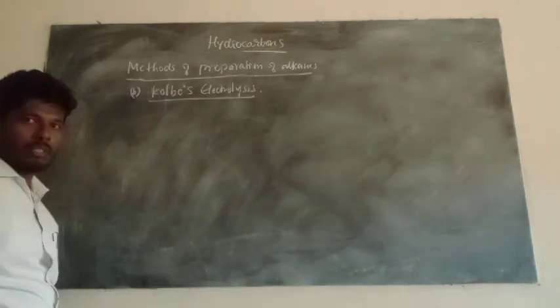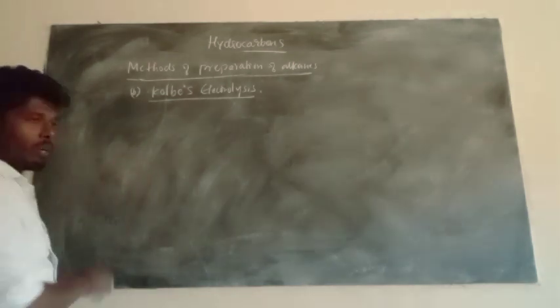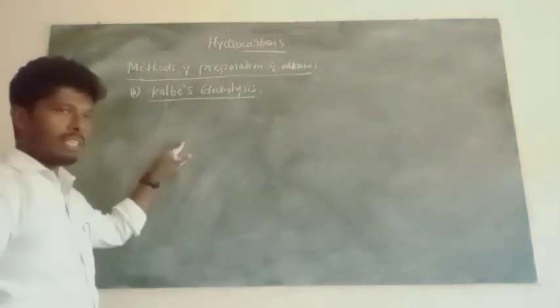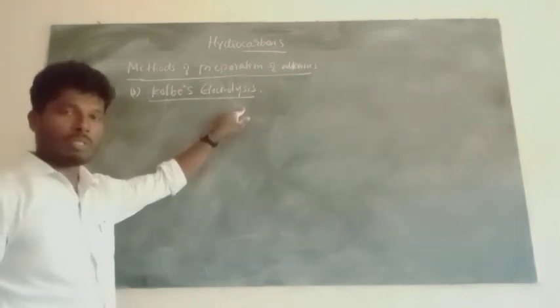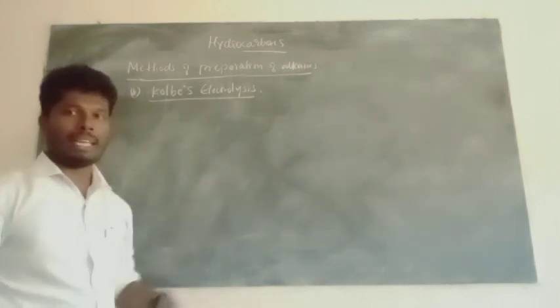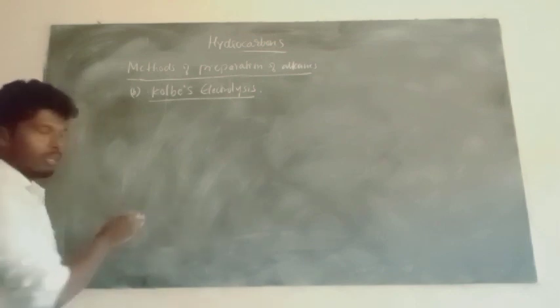In this case, sodium salts of carboxylates are treated with water on electrolysis by putting electrodes, which results in alkanes.